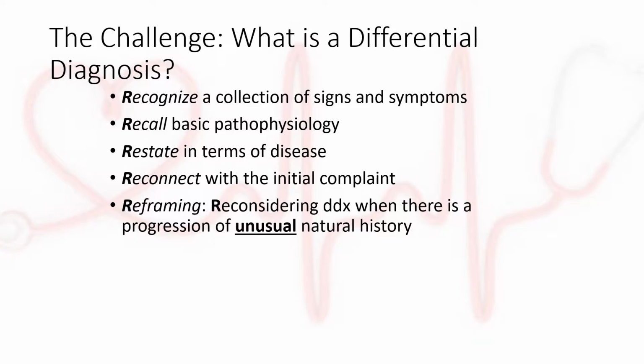And in doing so, we recognize a collection of signs and symptoms. We take the information that we have learned through advanced training, such as pathophysiology, and we restate it in terms of disease. So one of the reasons that advanced pathophysiology is such an important course for you all is because you're going to take those key components, just as I mentioned in our first four review.